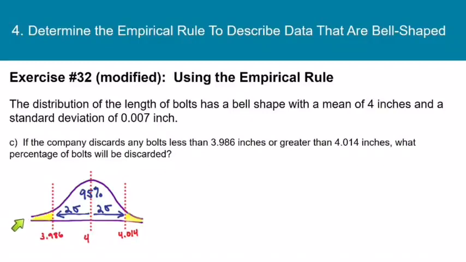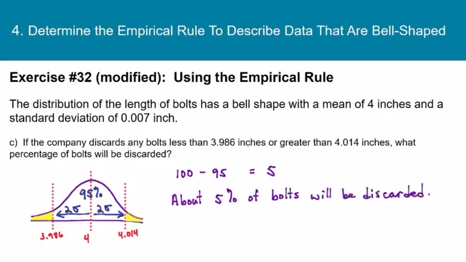So these bolts out here in the yellow areas are the bolts that are going to be discarded. So if 95% are between these 2 numbers, then of course 100% minus 95% means that 5% are not between those 2 numbers. So about 5% of the bolts would be discarded.